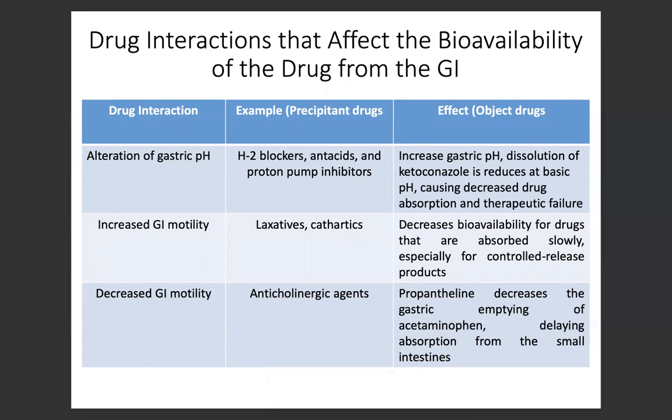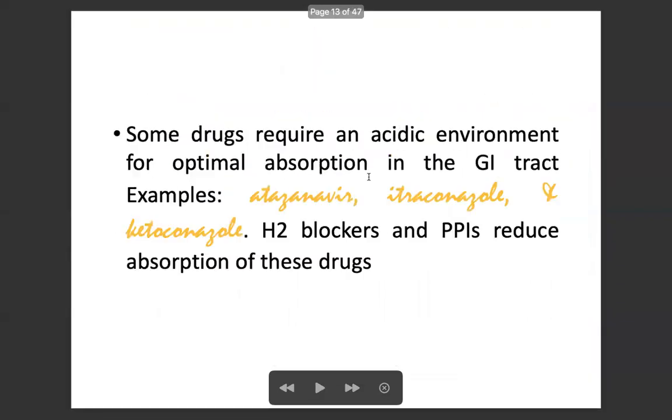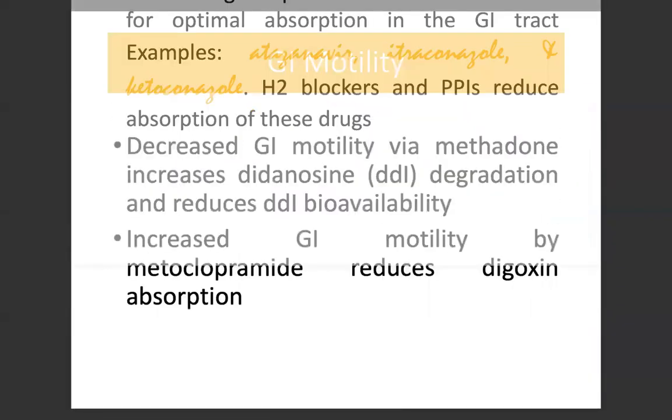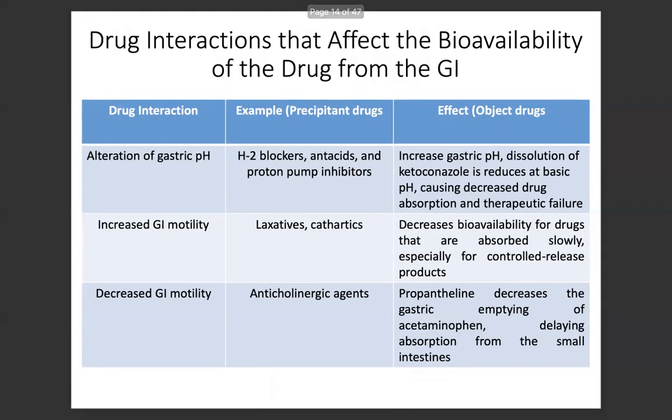Not necessarily maabot siya sa basic, but instead of the actual pH of the stomach, which is acidic, ma-increase siya gamay. Dissolution of ketoconazole is reduced at basic pH, causing decreased drug absorption and therapeutic failure. Ketoconazole, what else? Itraconazole and atazanavir. So, muna siya ang object drug.